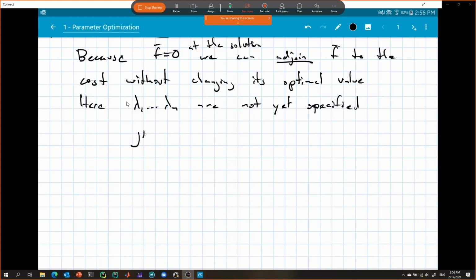We just get some augmented cost functional, J prime of x and u, is equal to J plus the sum over i of lambda_i f_i of x and u. This is the augmented cost.